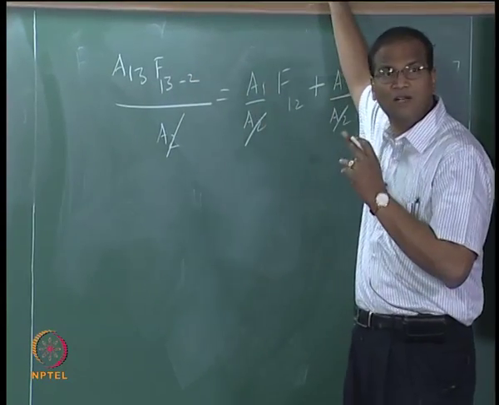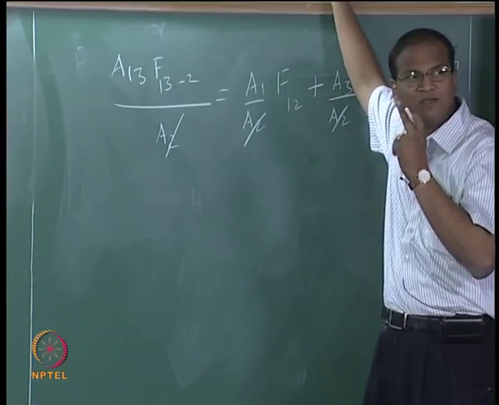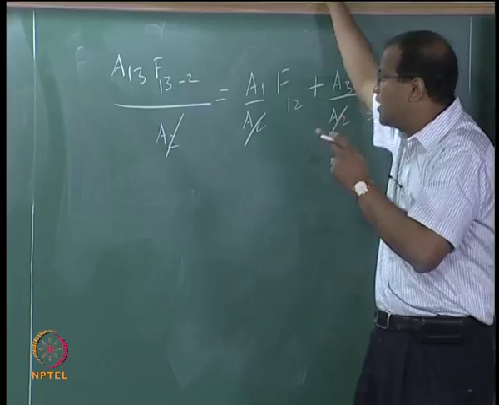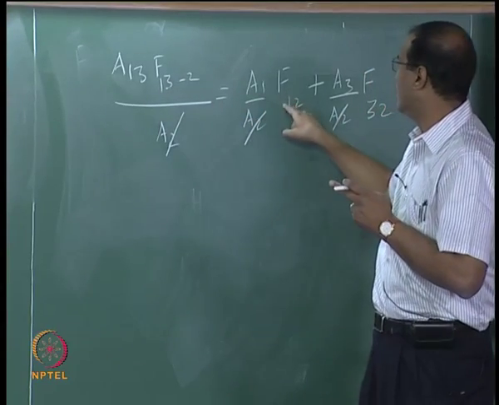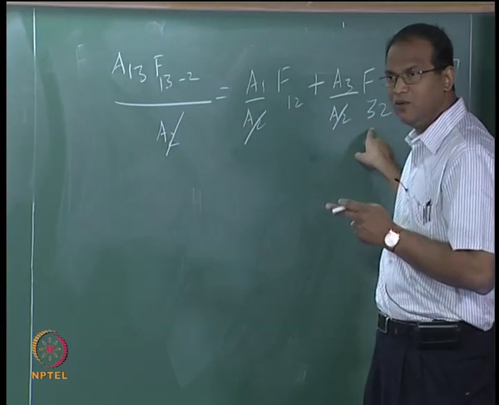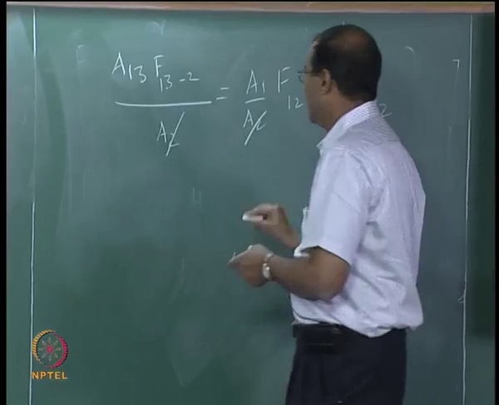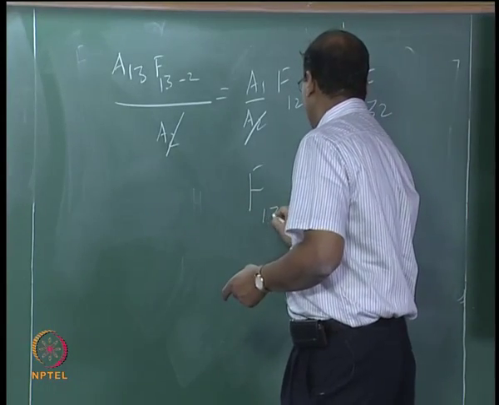A very profound result, please look at the board, this is where most students make mistakes. A13 F13 to 2 is A1 F12 plus A3 F32, okay.